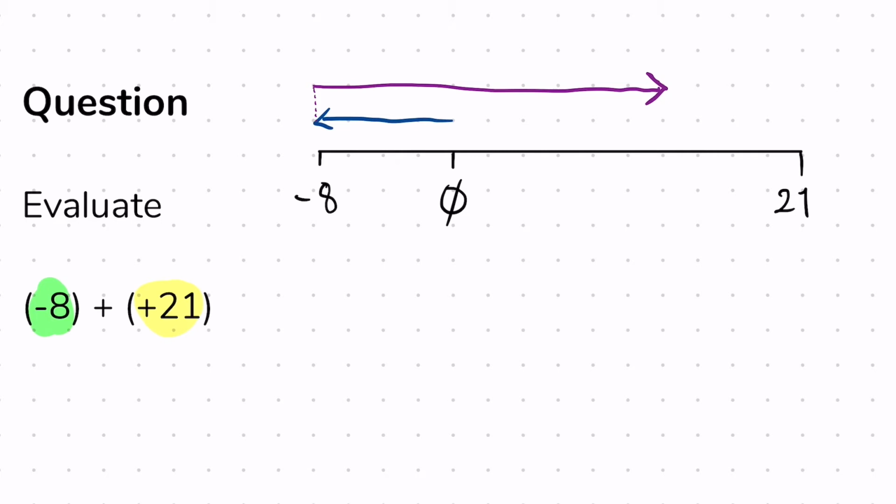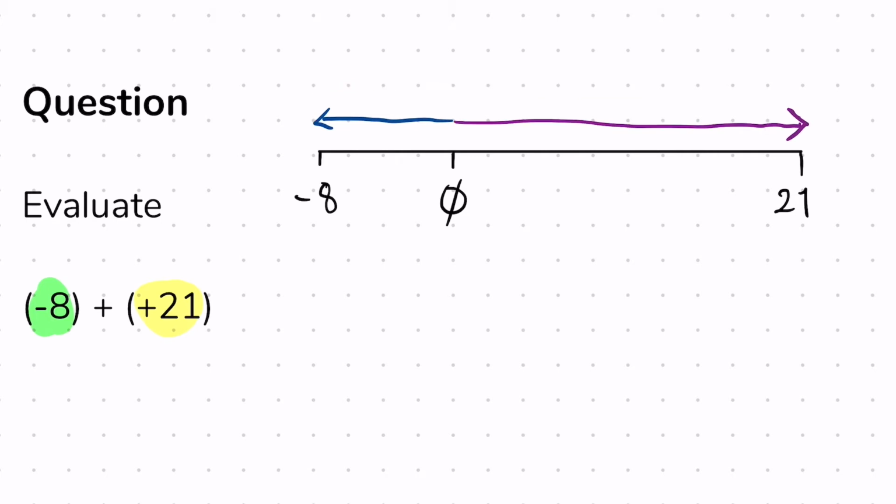Another way I can think about this is I can move it the other way. Right? I can start with 21, and I can add the negative 8 arrow. So in this way, negative 8 plus 21 is the same thing as plus 21 plus minus 8.